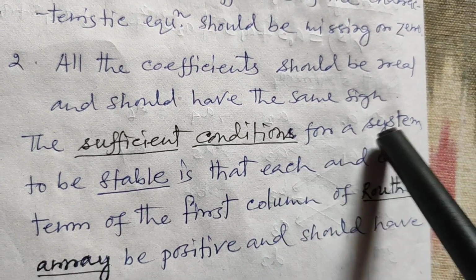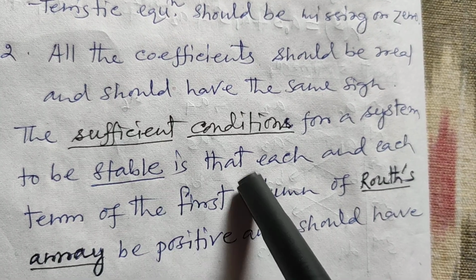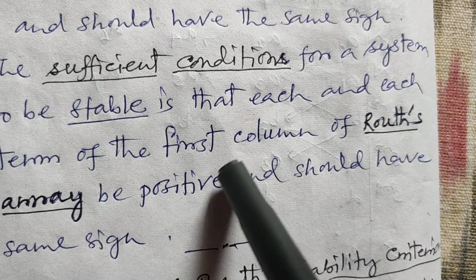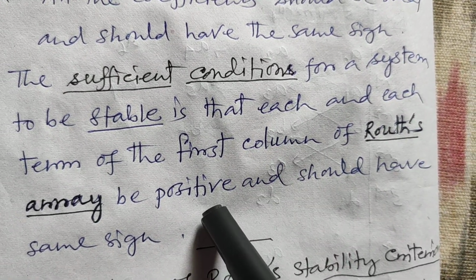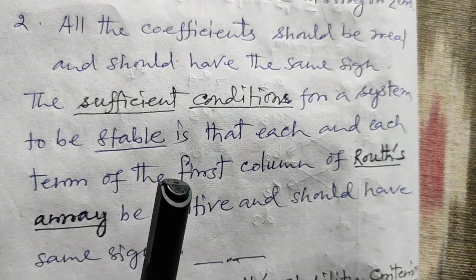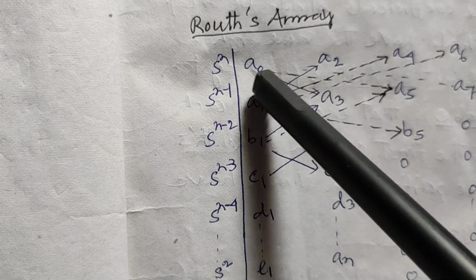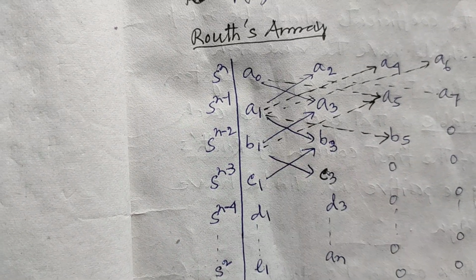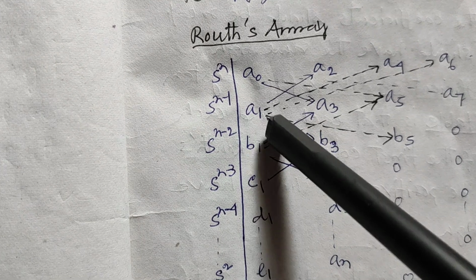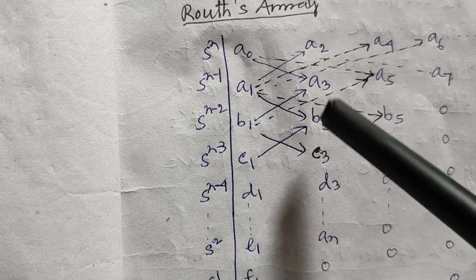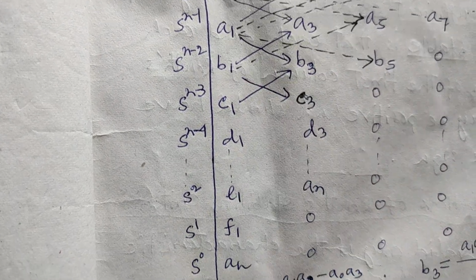So the sufficient condition for a system to be stable is that each term of the first column of Routh's array be positive and have the same sign. Then the system is called stable. In the first column of Routh's array, all the coefficients are real and should have the same sign.